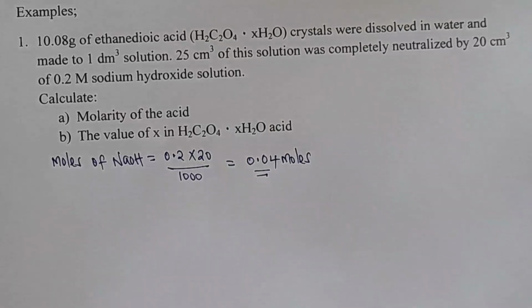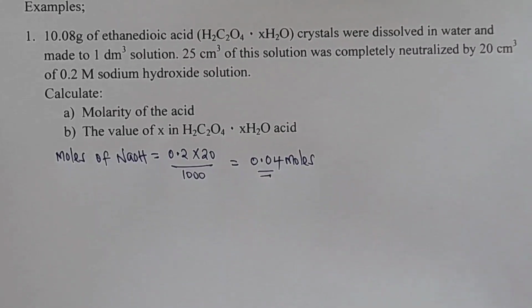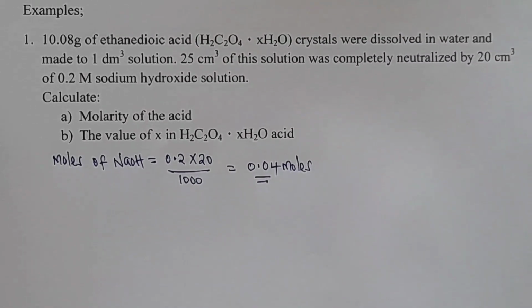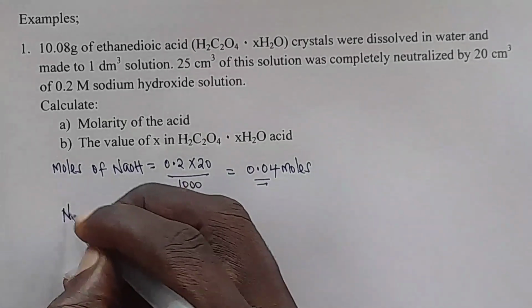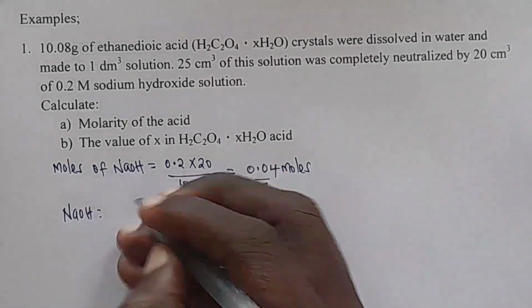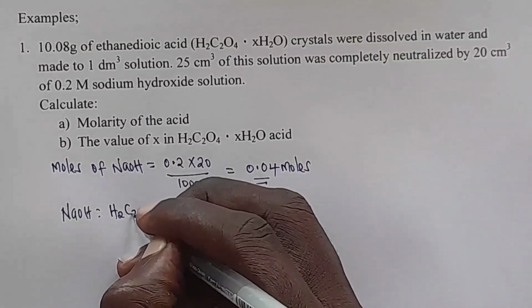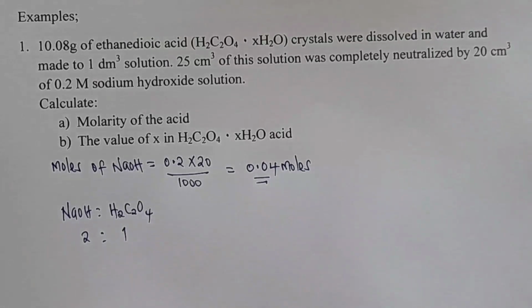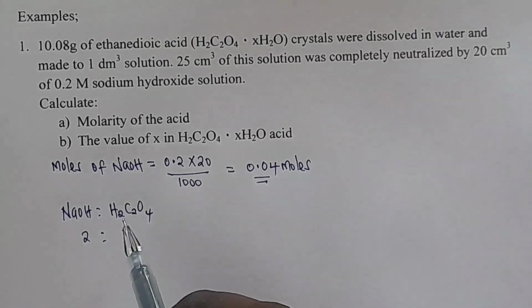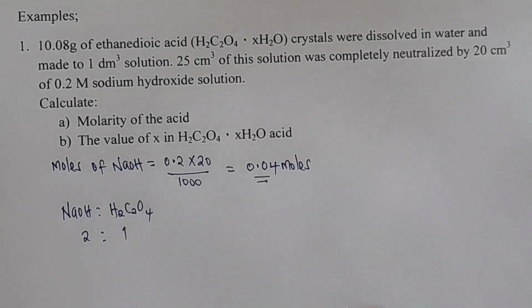That's the first step. Next step, we're supposed to look for the mole ratio between sodium hydroxide and ethanoic acid. I told you it is sodium hydroxide to ethanoic acid, the mole ratio is 2:1, the reason being that this is a dibasic acid.